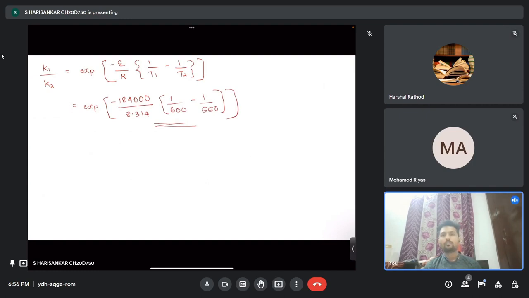So this is K1 by K2. And if we solve this, we'll get K1 by K2 as 28.6.